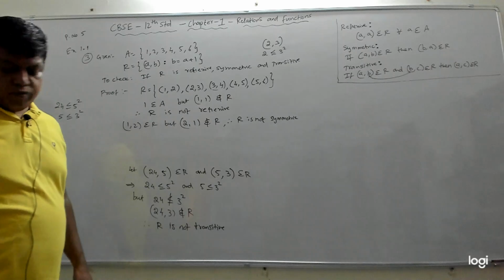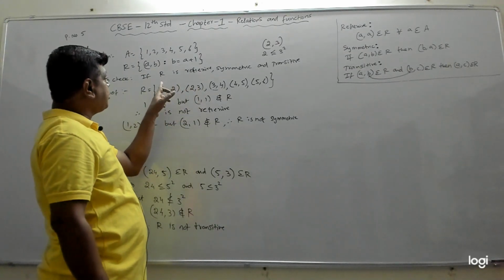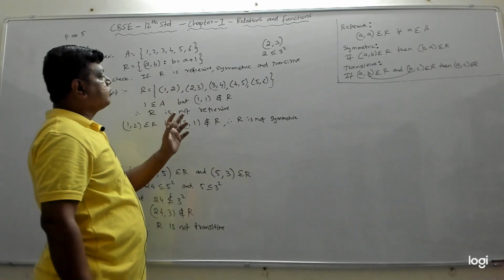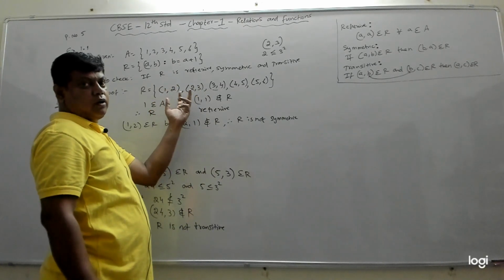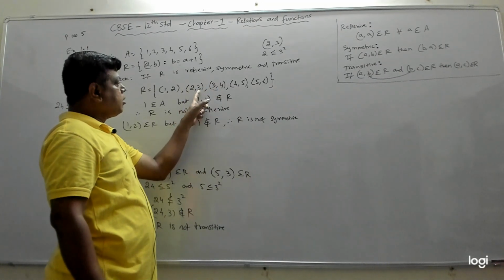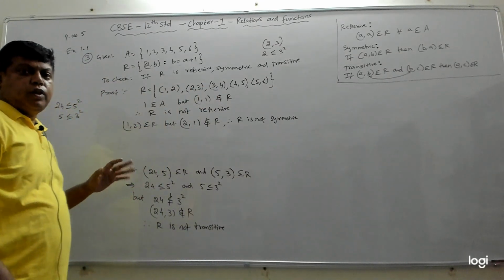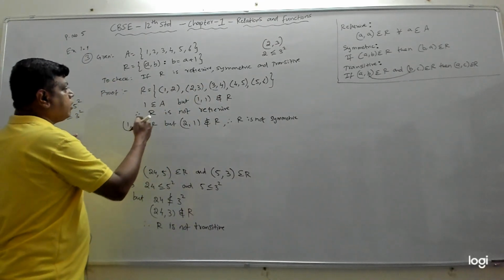For transitivity, we have 1 comma 2 is there and 2 comma 3 is there, but 1 comma 3 is not there. So it is failing for this pair. Or you can take any pair. For this pair also, 2 comma 3 is there and 3 comma 4, so A comma B, B comma C, but A comma C, which is 2 comma 4, is not there. Therefore, it is not transitive. So we can take one pair.